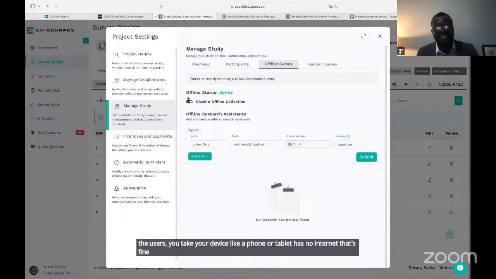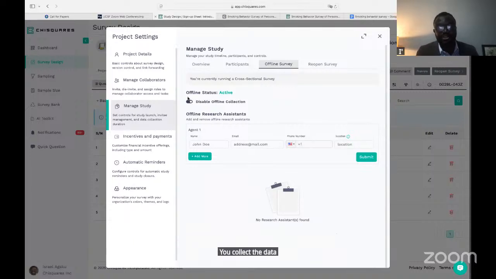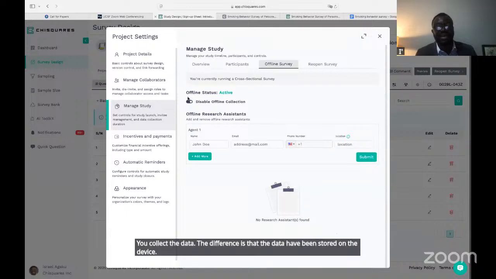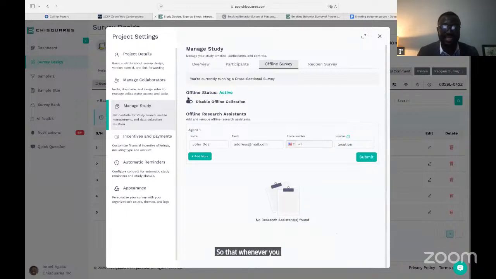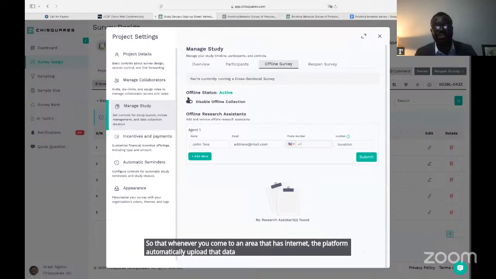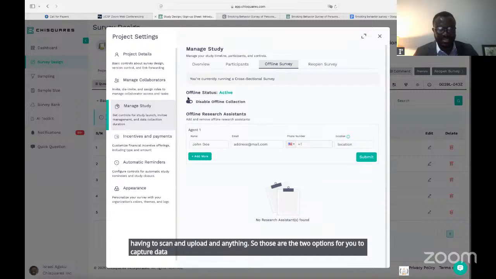The interface is exactly the same as it would be with internet. You collect the data, and it is stored on the device. Whenever you come to an area that has internet, the platform will automatically upload that data into the cloud. So you don't have to worry about scanning and uploading. Those are the two options for capturing data in areas where you don't have internet.